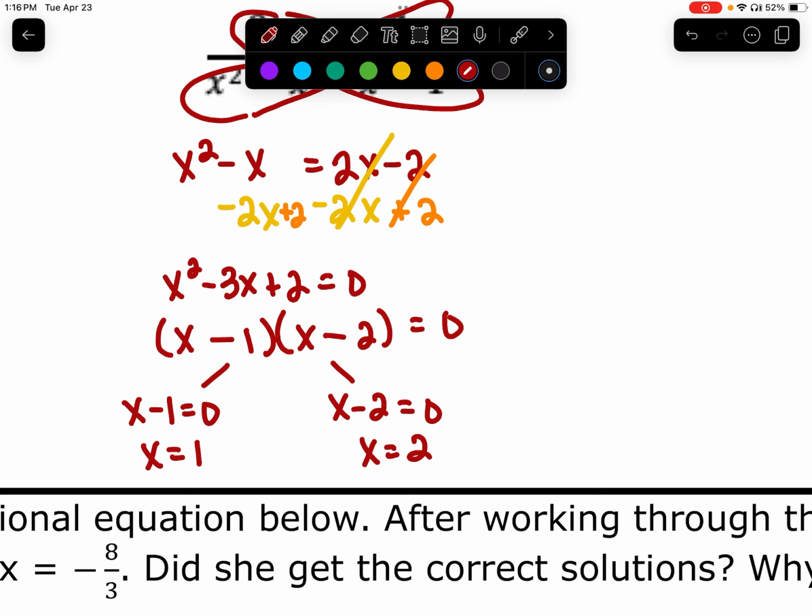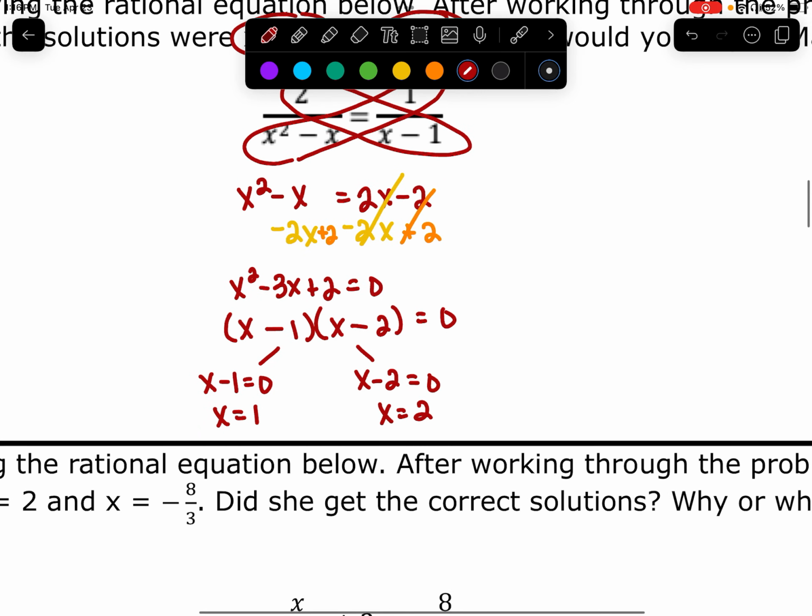All right, so it looks like Marcus is right. However, we have to check for extraneous solutions. And as you can see here, if I plug in the 1 up here, so if I did 1 minus 1, that would equal 0. And we cannot have 0 as the denominator, so that would be an extraneous solution. So 2 would be the best.